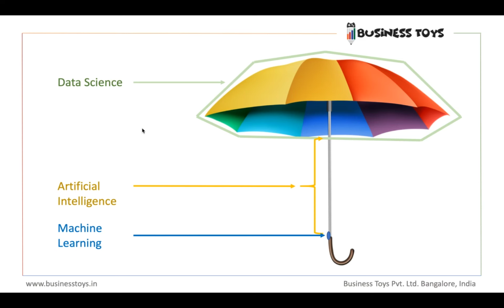The same way, we have data science, and under data science we have multiple fields, and one of the main important fields under data science is artificial intelligence. And artificial intelligence is driven by one button that we have in the umbrella, that is machine learning. So we build the AI systems by using machine learning. Let's go into more detail about these concepts.